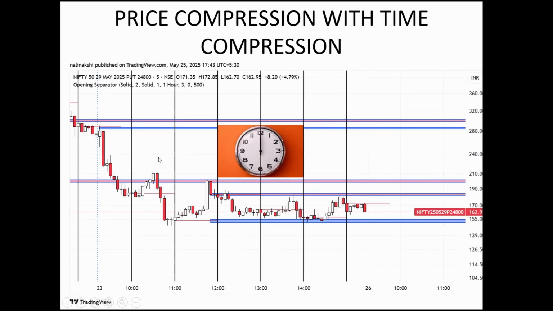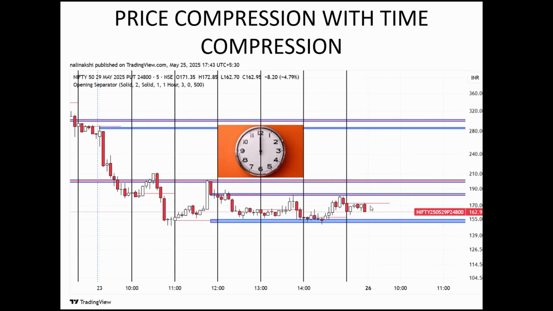I'm showing the example of the Nifty. You can utilize, for this, the Nifty 24,800 put option. It has undergone time compression. You can see over here. Let me show you, from 10 o'clock to 11, 12, 1 p.m., 2 p.m., the price has not done anything.